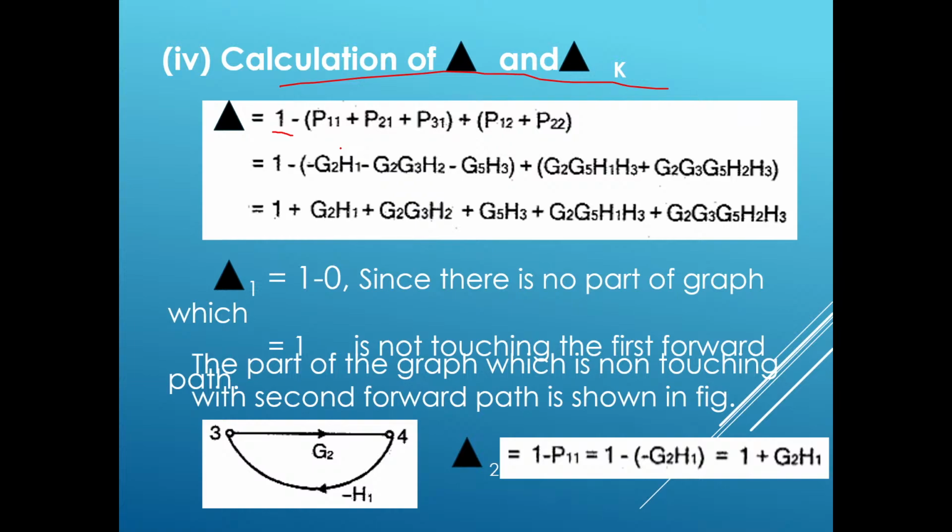You will not remember, I know that. They are the individual loop gains. So 1 minus the sum of individual loop gains, plus the sum of the non-touching loop gains, plus the sum of the non-touching loop gains.